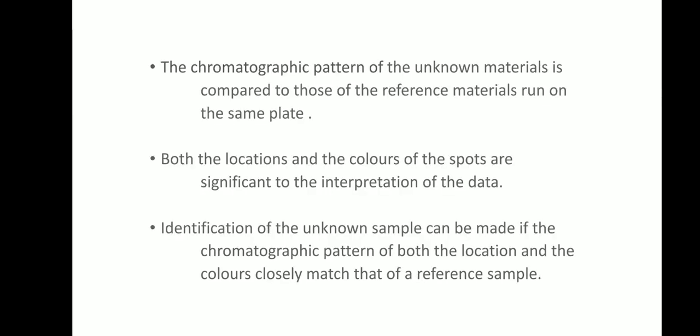The chromatographic pattern of the unknown materials is compared to those of the reference materials run on the same plate. Both the locations and the colors of the spots are significant to the interpretation of the data.